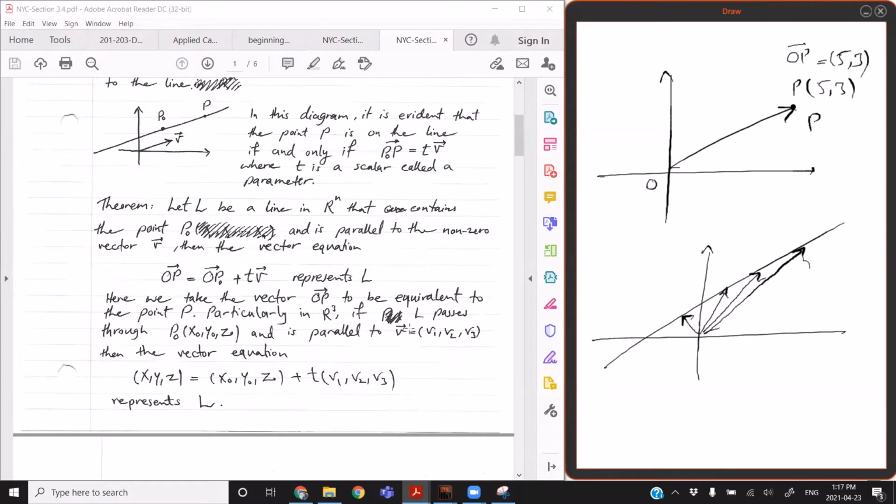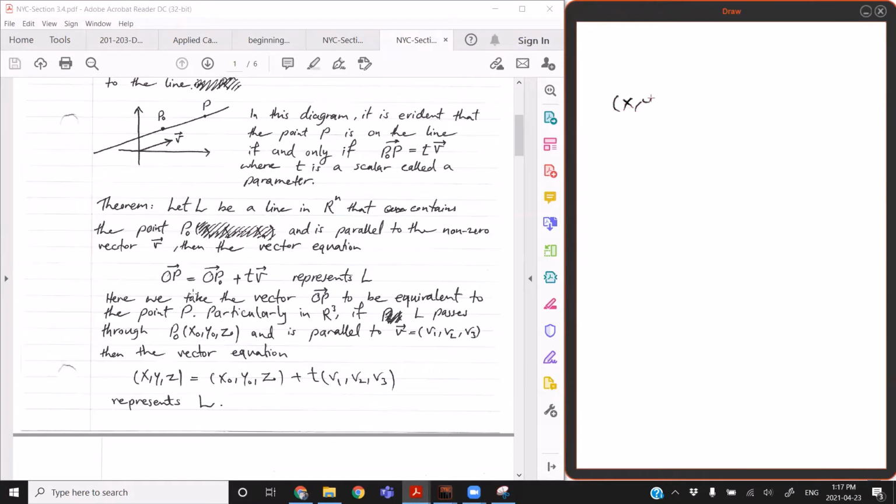Particularly in R3, if you have a line that passes through this point x0, y0, z0, and is parallel to this vector v1, v2, v3, then this vector equation becomes (x, y, z) equals OP0, that's going to be (x0, y0, z0), plus tV, where V is going to be (v1, v2, v3).